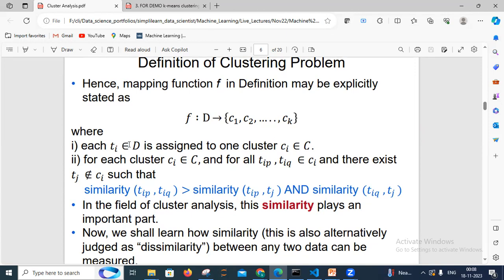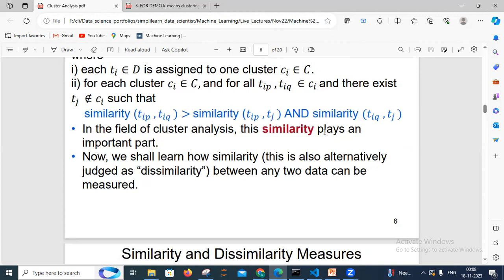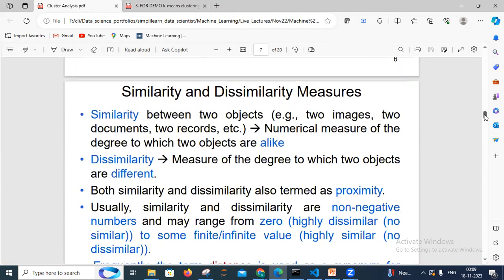Each ti is assigned to one cluster, and we have to find the similarity. In the field of clustering, similarity plays an important role. So you have to create the similarity using different kinds of distance algorithms, along with similarity and dissimilarity measures.